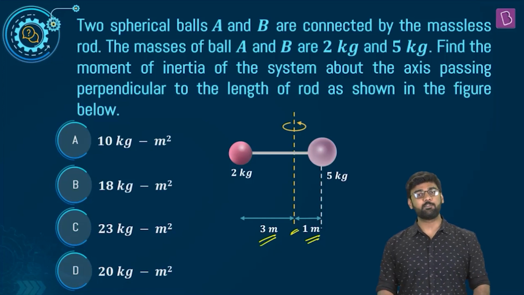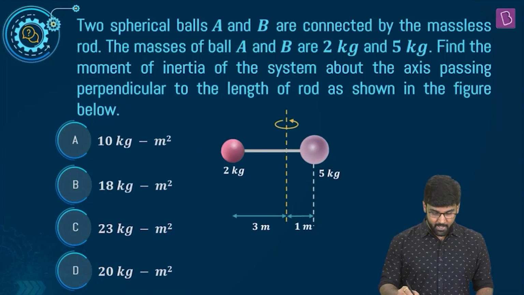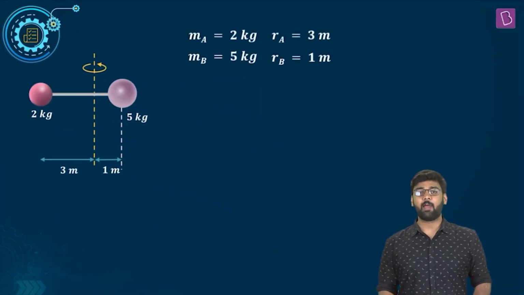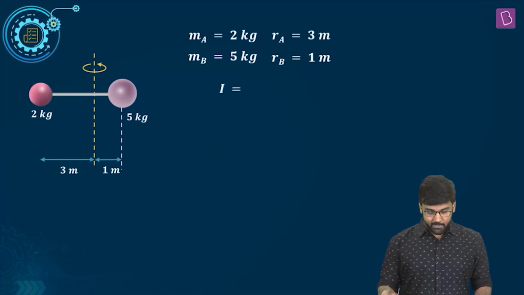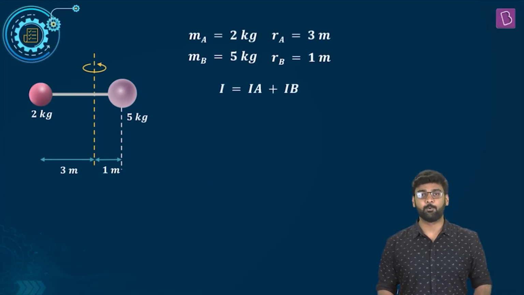Right now we need to assume these spheres as point masses. So the distance is given to us, the mass is given to us, we can easily calculate the moment of inertia. So here we have these two spheres A and B and the mass and distance is given and we know that moment of inertia is a scalar quantity. So we can directly add the two moment of inertia and get the moment of inertia of the whole system.